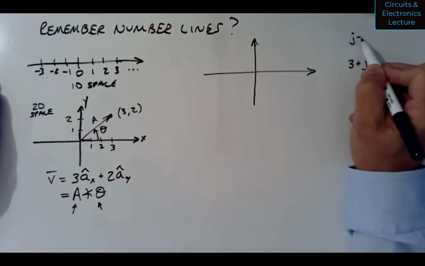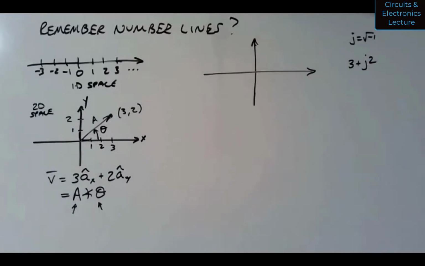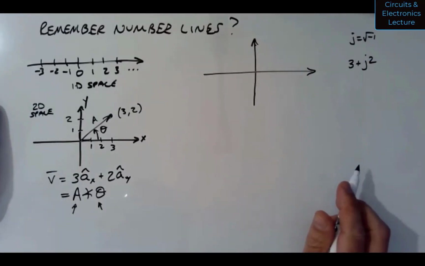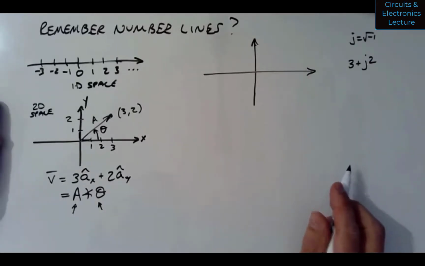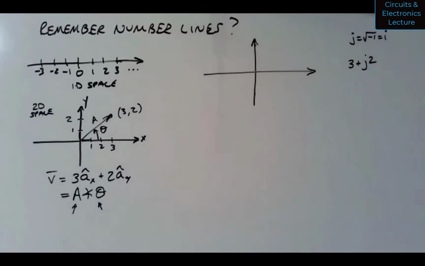J is the square root of -1. The rest of the world, especially physicists, mathematicians, they don't use J, they use I. We don't use I because we use I for current. So whenever you write down an equation in electrical engineering and you have a complex number, don't use I, it'll confuse you.